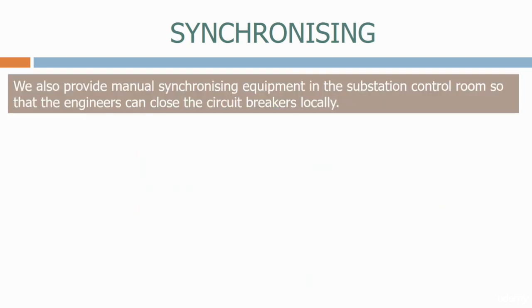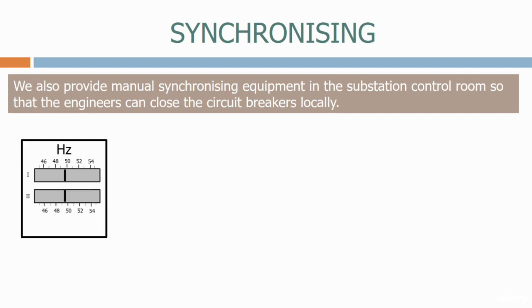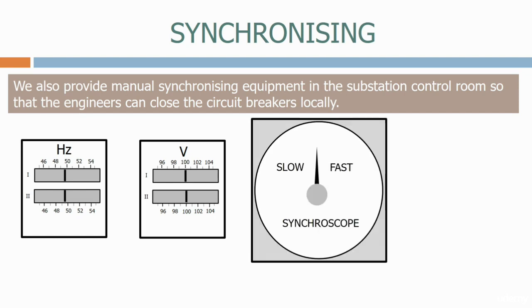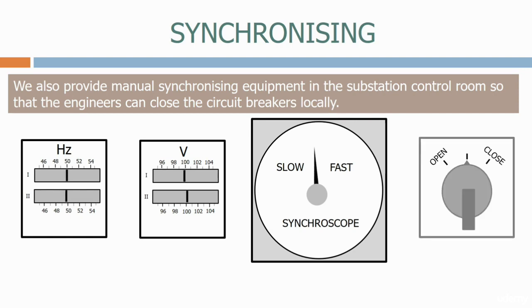We also provide manual synchronizing equipment in the substation control room so that the engineers can close the circuit breakers locally. To allow them to do this, we provide a frequency meter which shows the frequency on both networks, a voltmeter that shows the voltage on both networks, and a synchroscope that shows the phase angle difference between the two networks.